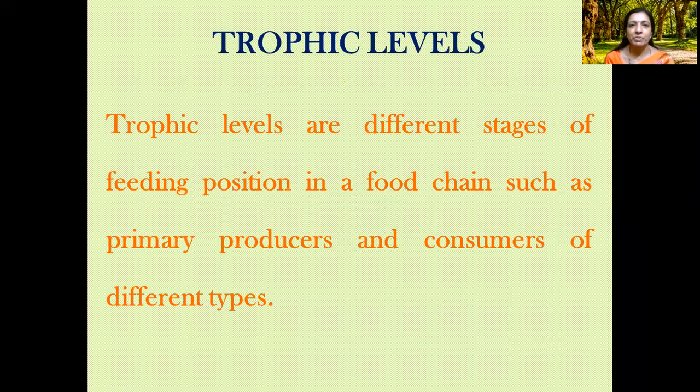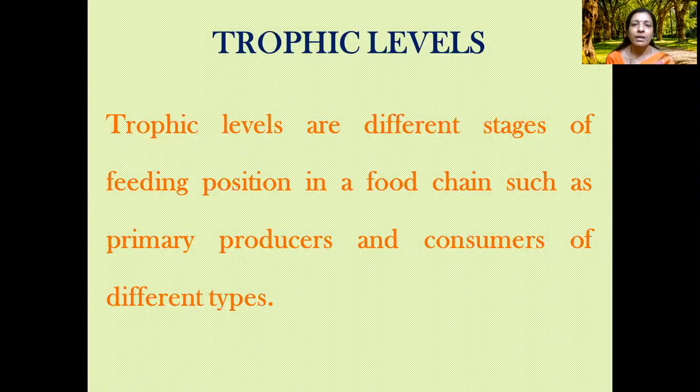Another concept which we need to understand here is trophic levels. What are trophic levels? Trophic levels are different stages of feeding positions in a food chain. That is, in a food chain, at every stage, you find a particular group of living organisms which are known as a trophic level.